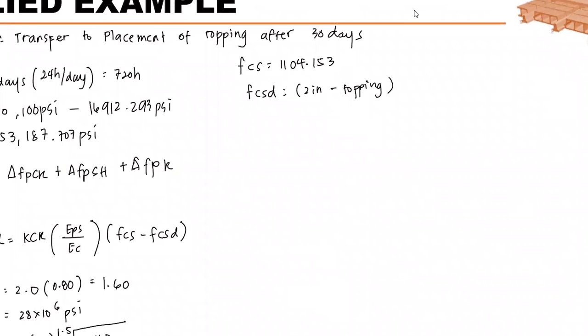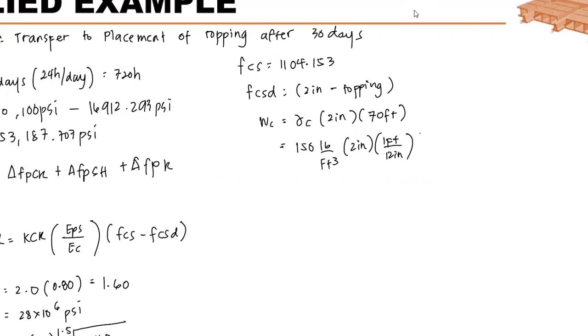Okay? So kunin natin yung weight ng concrete. From the unit weight ng concrete times yung 2 inches and then yung mismong length natin which is 70 feet. Normal weight concrete is 150 pound per cubic feet. Yung 2 inches natin, convert lang natin into foot. Hindi pala dapat to 70, area tayo.